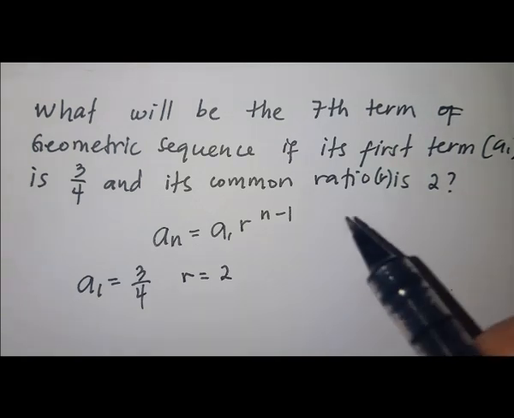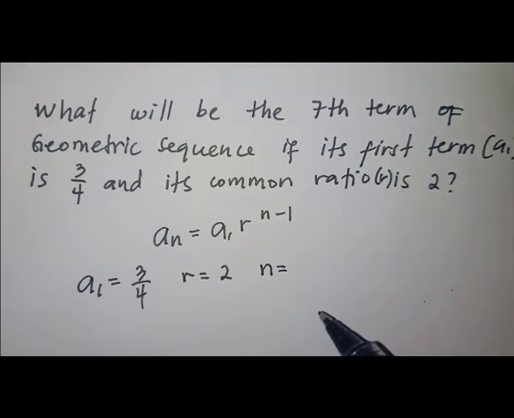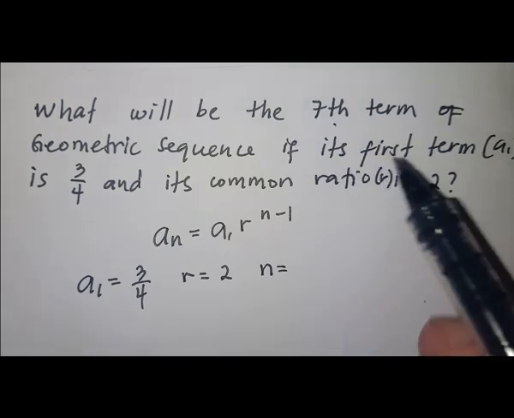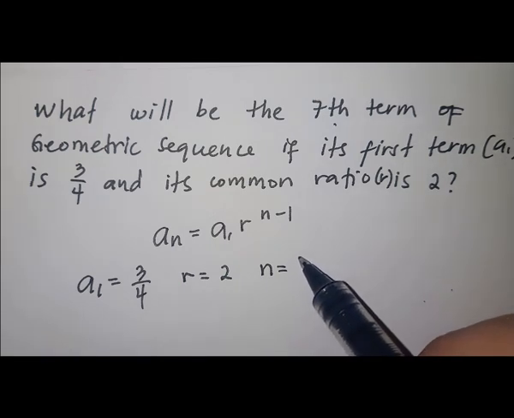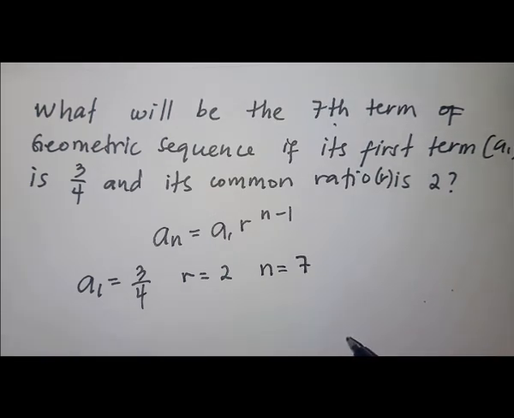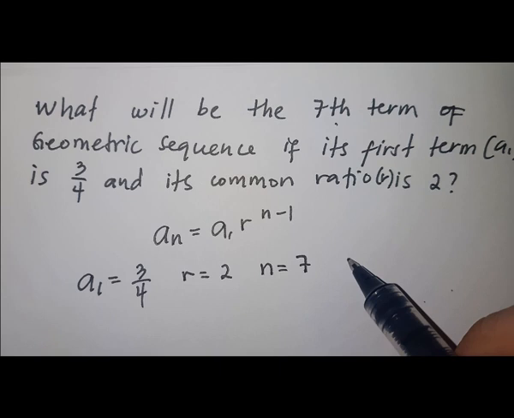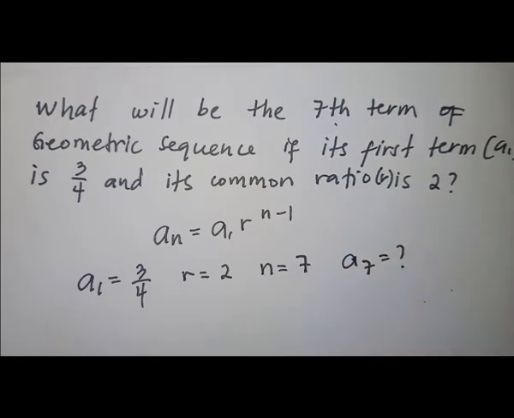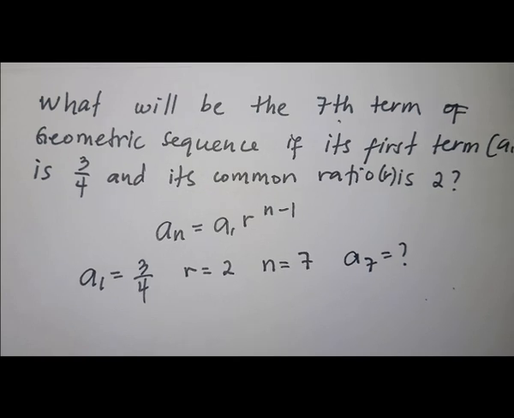Okay? At yung value ng n natin, dahil 7th term yung hinahanap natin, it means yung n natin dito ay 7. So, ano kaya yung value ng 7th term ng geometric sequence based dito sa ating given?